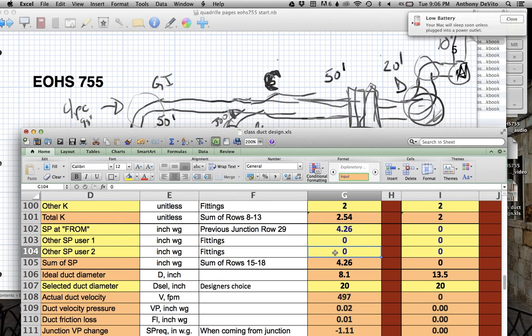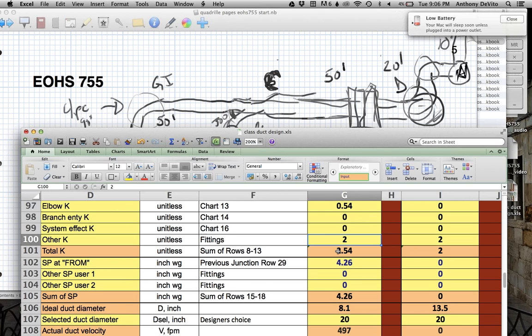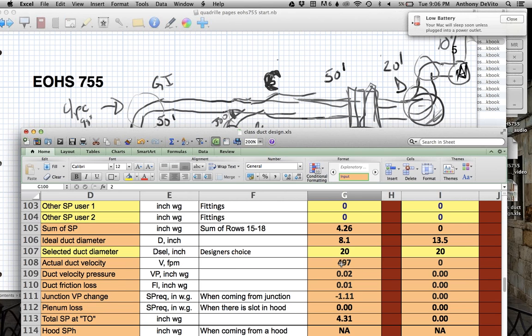So you're either going to account for the filter in here with the other static pressure drop, or by putting a K factor, like a loss factor, for the filter in there, depending on what you get from the manufacturer. Now the ideal duct diameter size is 8.1 inches. We happy with that? Let's put 8 inches in there. And there's our duct velocity. We got our 3,000 feet per minute.